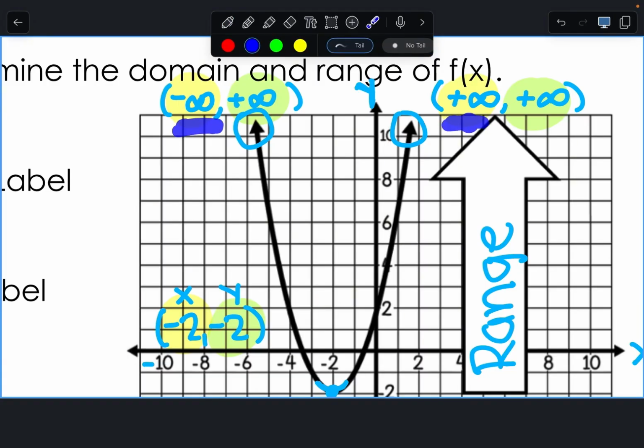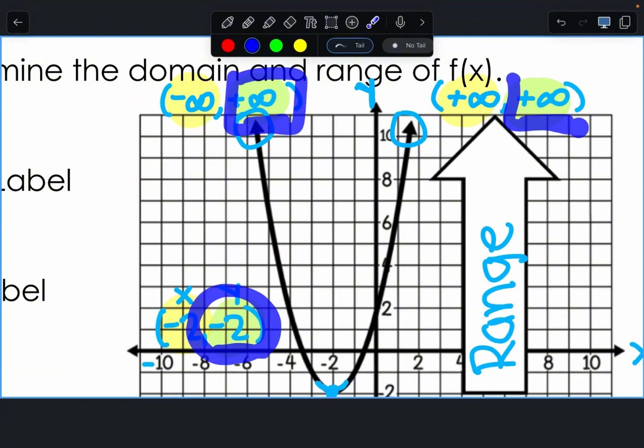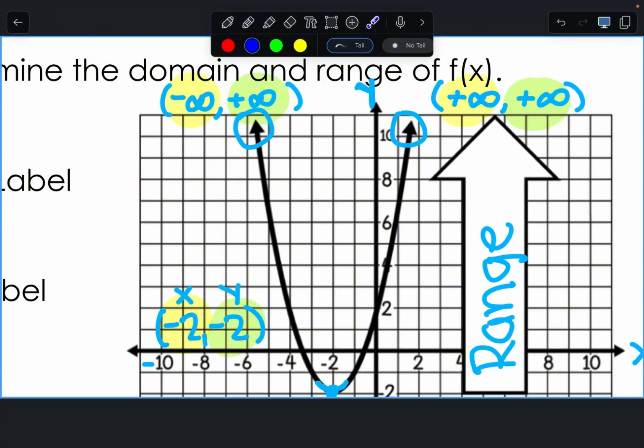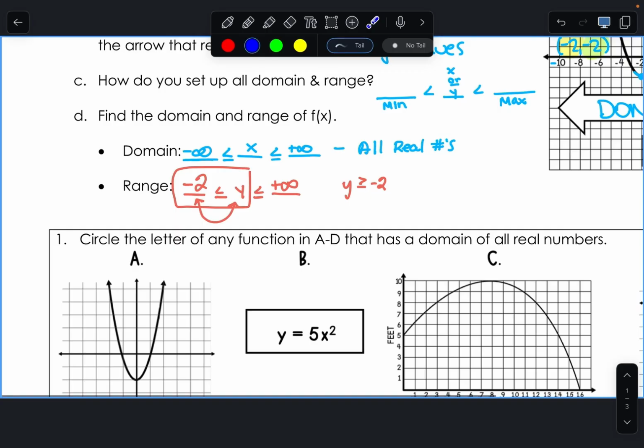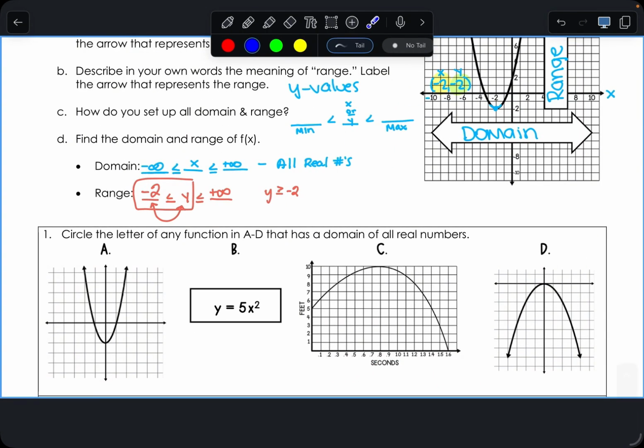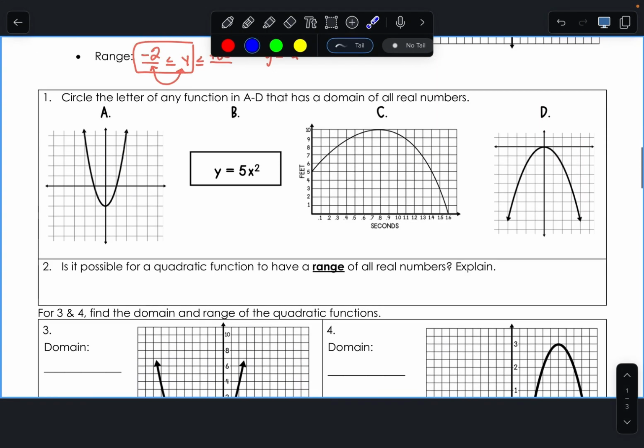The highest x is positive infinity. If you look at the y values, you only have positive infinity, so it's a repetition of the same number. So the smallest one is -2, but the largest is positive infinity.